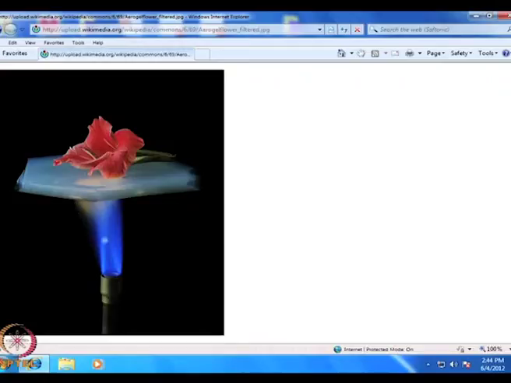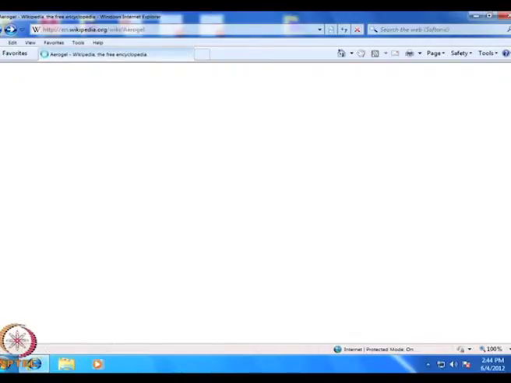There is a blowtorch at the bottom and there is a flower on the top, and it is not melting. These aerogels were formed, as I said, by hypercritical drying.